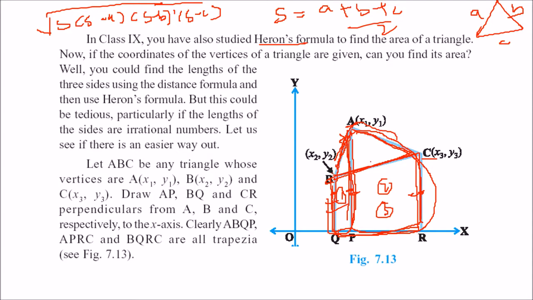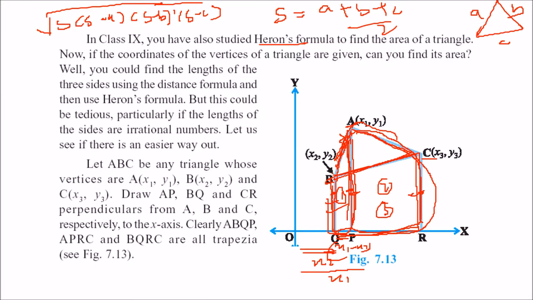So how to get this? I'll take you through one of them, the first one. What is this distance? This is x2. And what is this distance? This distance is x1. So what is this QP? x1 minus x2. Okay, this is the distance.